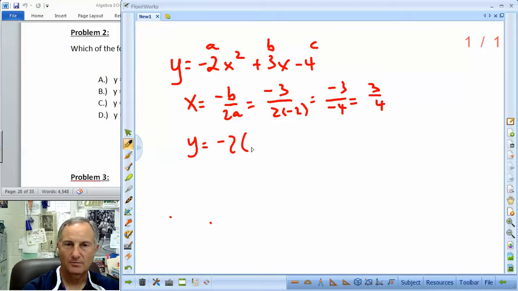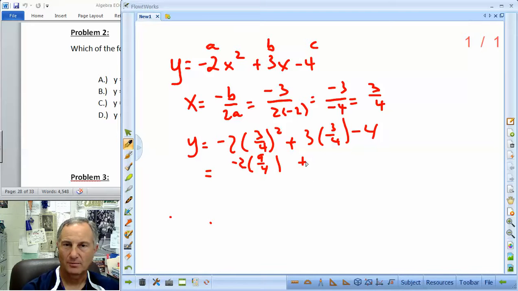Negative 2 times 3/4 squared plus 3 times 3/4 minus 4. I'm going to get negative 2 times this right here, which is 9/16. I'm sorry, this is 16ths. What am I doing? 9/16 minus 4.